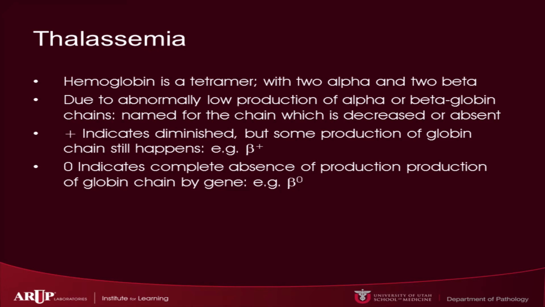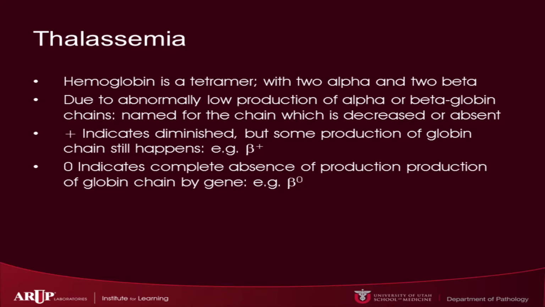Both these chains are required to form the hemoglobin tetramer. So if there is a decrease in, let's say, alpha chain, then the beta chain is in relative excess and doesn't have enough alpha chain to bind to. Always alpha would bind to beta.